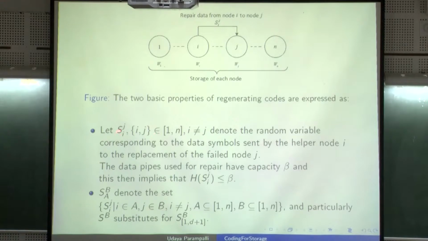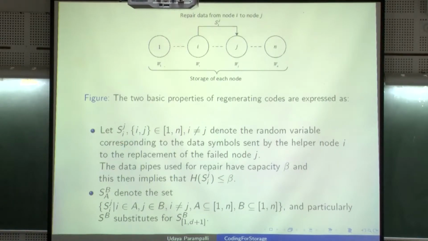Now let Sij, with i not equal to j, denote the random variable corresponding to the data symbols sent by the helper node i to the replacement node, the failed node j.